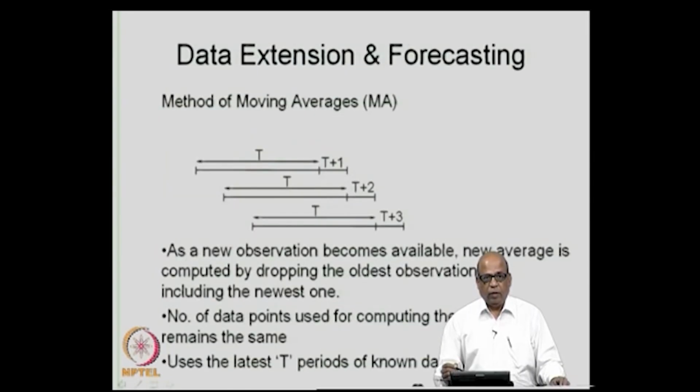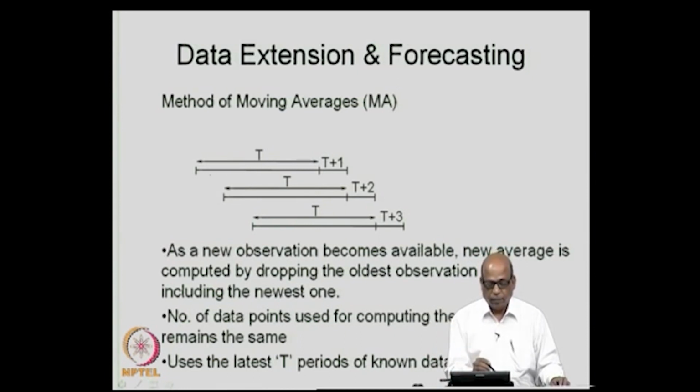Now, as I said, instead of using all the values before, we use the values during a fixed time period and call that the moving average method. So, we keep shifting the time window by one time step and then take the averages over the same number of time steps and call that your forecast.